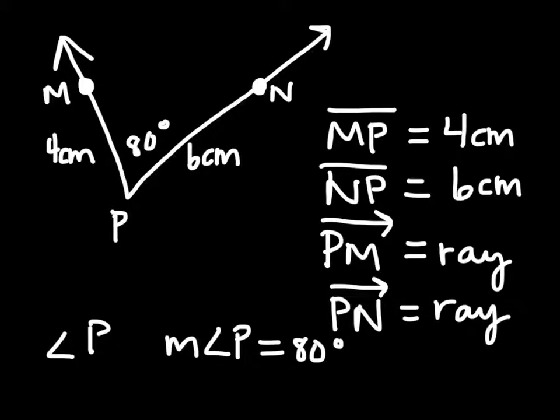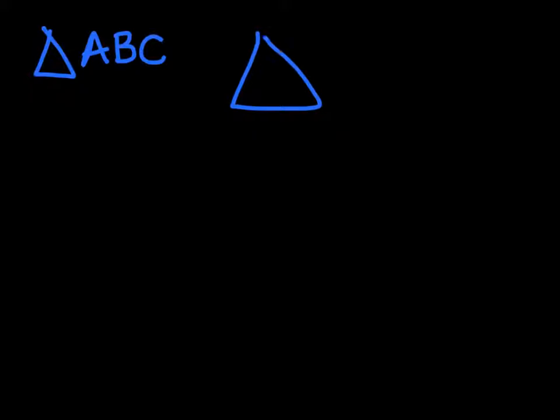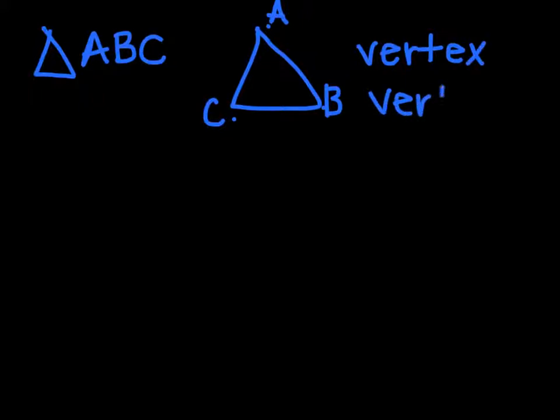Okay, let's move on to the next idea. Our last idea is triangles, which we notate like this. Triangle ABC, which would be a triangle with 3 points, A, B, and C. Points A, B, and C are each called a vertex. The plural is vertices.